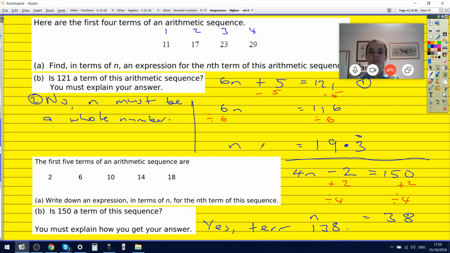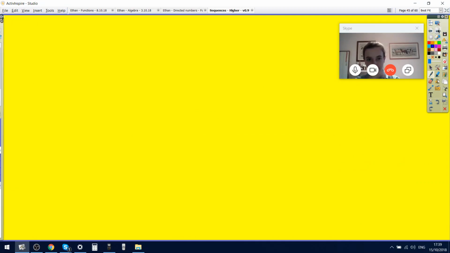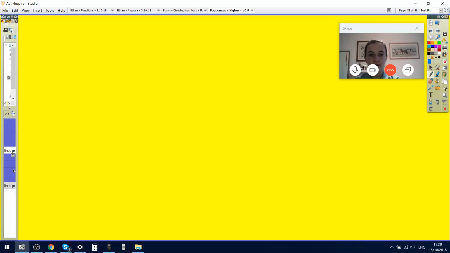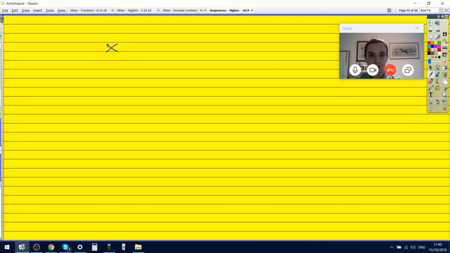If n is an integer, it's a number in the sequence. If n is not an integer, then it must not be in the sequence. So that one x1/2 tick. Tick. Okay, and that's where if it's a number in the sequence.